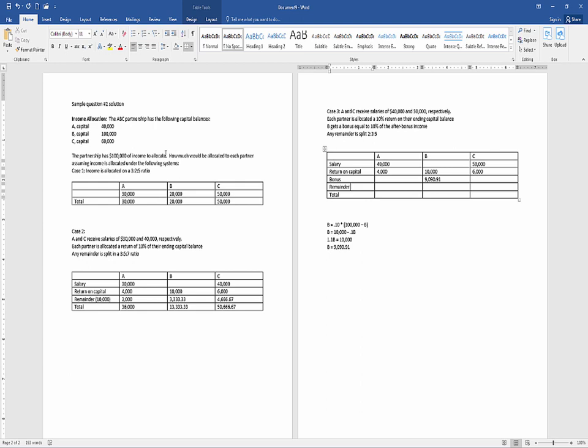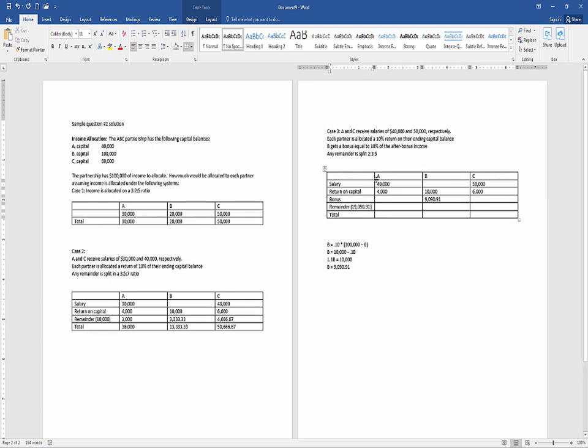So we've got a total of $119,090.91. We had $100,000 to allocate, so we've overshot the allocation by $19,090.91.